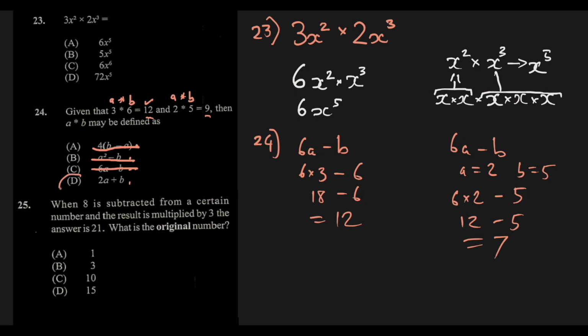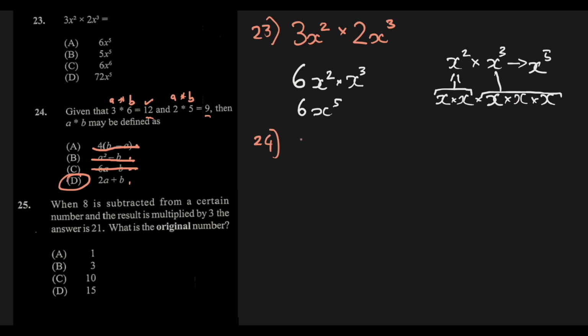So that leaves us with the only option, which is this one here. But just to show you that it works, let's try it. So 2a plus b, we know what a is already. a is 3, b is 6. So 2 times a, which will be 2 times 3, plus b, which is 6. So 2 times 3 is 6, plus 6 is 12.